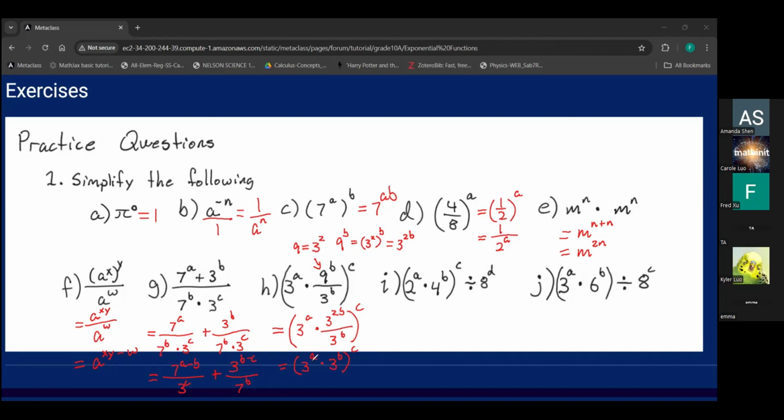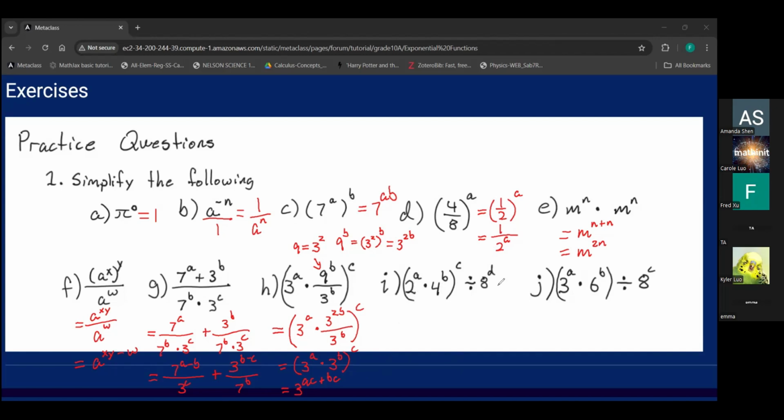And then you add the two exponents, and you also multiply all the exponents by c. So this is equal to 3 to the power of ac plus bc. Okay, this is the most simplified form.